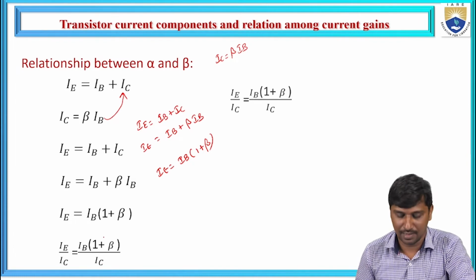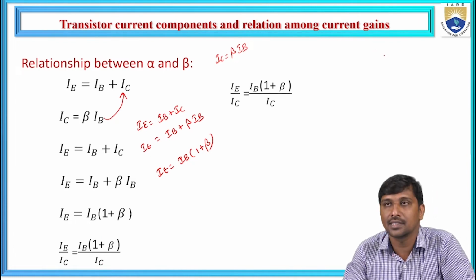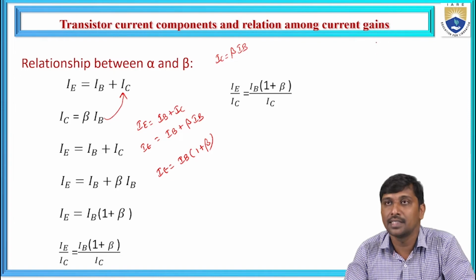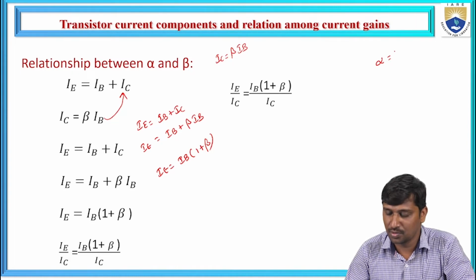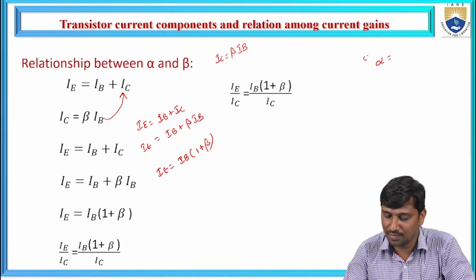In this relation, if you recall the amplification factor, the DC current gain from the transistor configurations, alpha is derived from the common base configuration. Alpha is the ratio of output current to input current, that is IC by IE, and beta is for the common emitter, where the output is collector current and the input is base current.